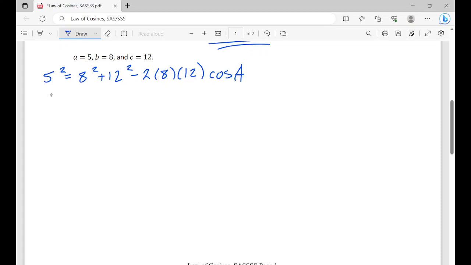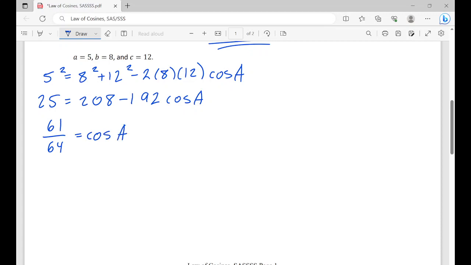And so when I work this all out, I'm going to get 25 equals 208 minus 192 cosine A. And then I'm going to solve for cosine A, so I'm going to subtract the 208 over, divide by 192, and I'm going to end up with 61 over 64 equals cosine A. And then I'm going to take the arc cosine of both sides.